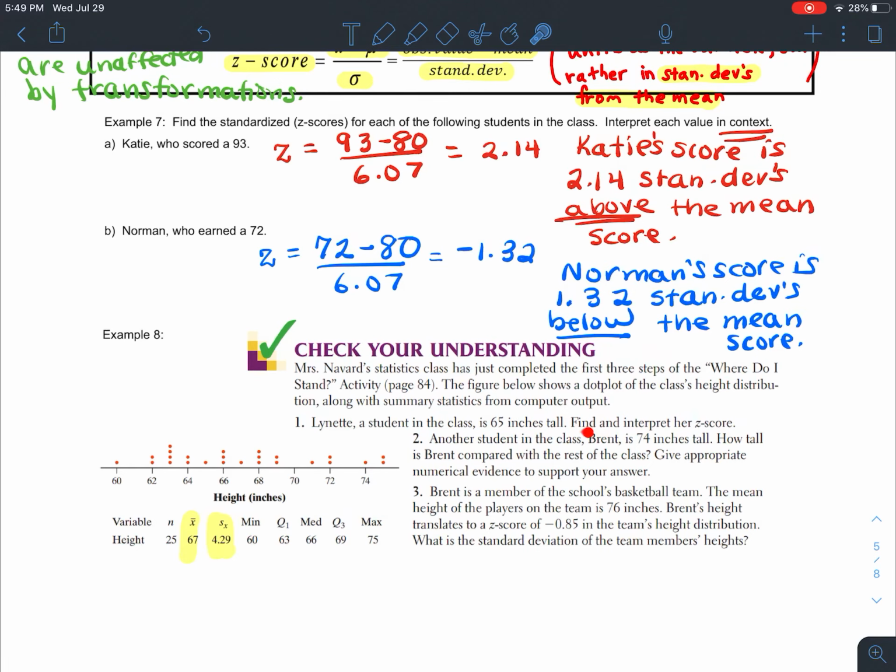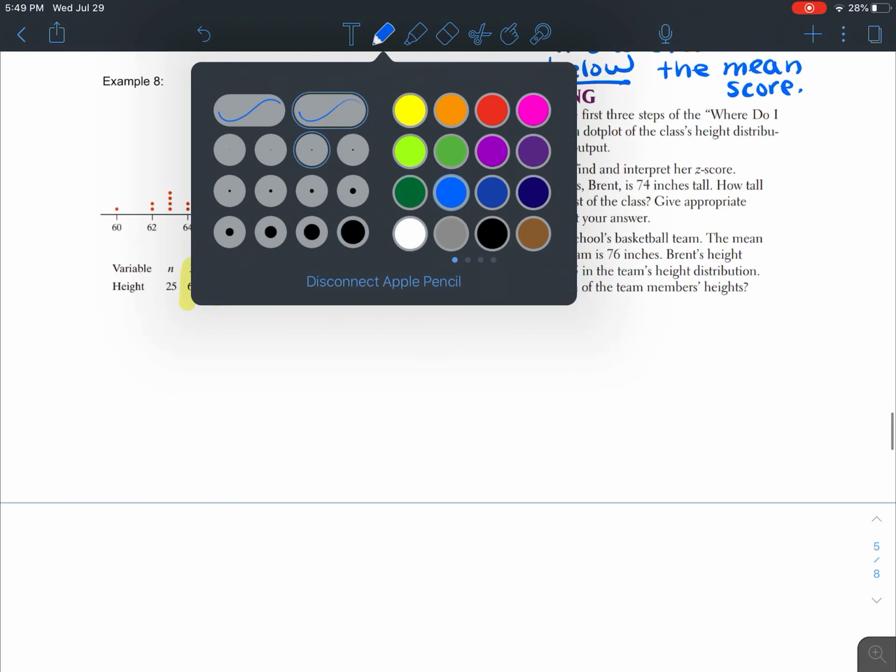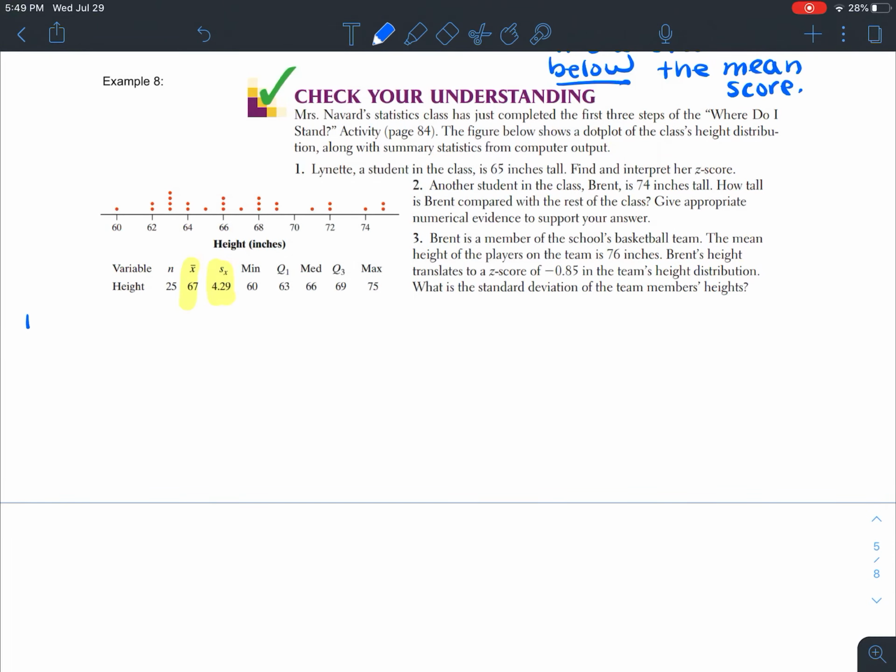Okay, first question. Lynette is a student in the class. She is 65 inches tall. Find and interpret her z-score. Okay, so this is number 1 here. We're going to change Lynette's height into a z-score by using this formula. Her height, it said, was 65 inches. We're going to take her height minus the mean divided by the standard deviation.